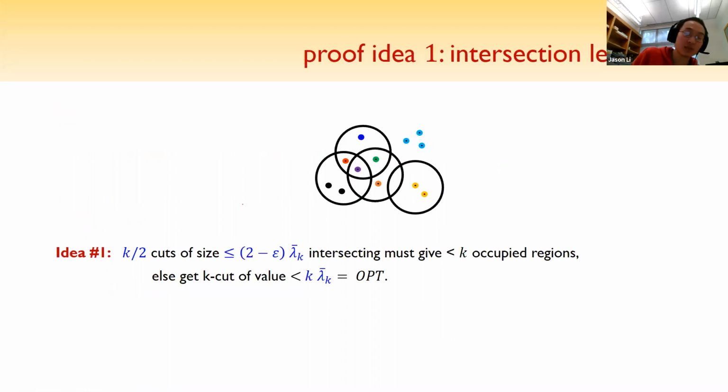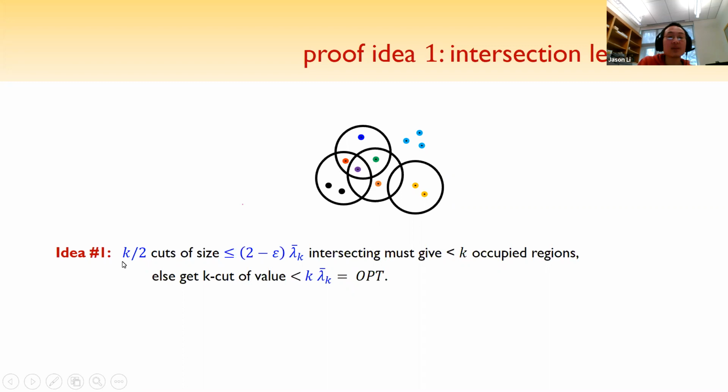Okay, so how do we prove the statement? So the first idea is, suppose we consider each cut as a set. For a cut, we take an arbitrary side of the cut, and we just take the stuff inside as our subset of the set of vertices. And now, observe the following.